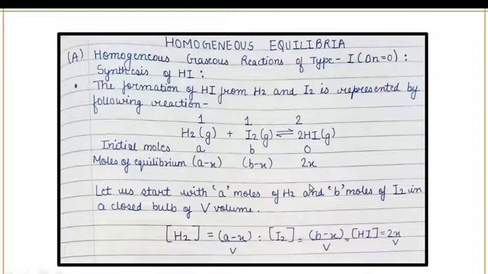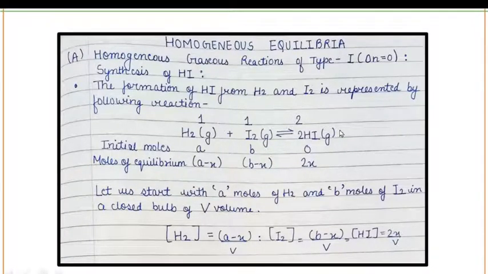Number one case is homogeneous gaseous reaction of type 1 when the value of delta N is equal to 0. To understand this concept, we have a reaction that is H2 plus I2 leads to the formation of 2HI. Why have we taken only this reaction?